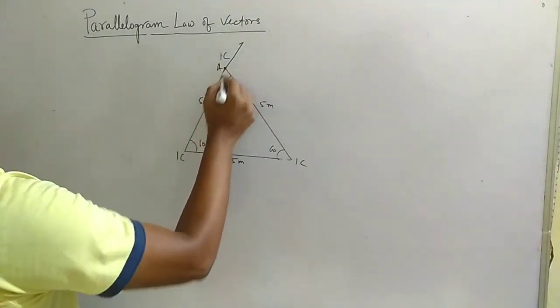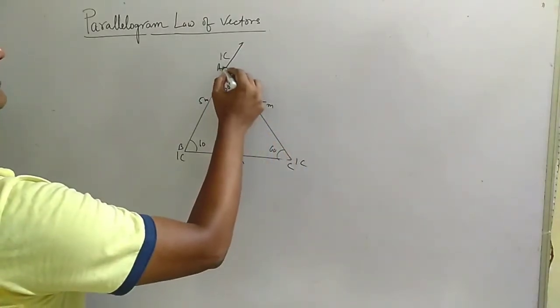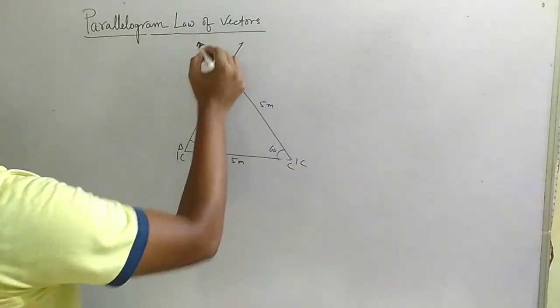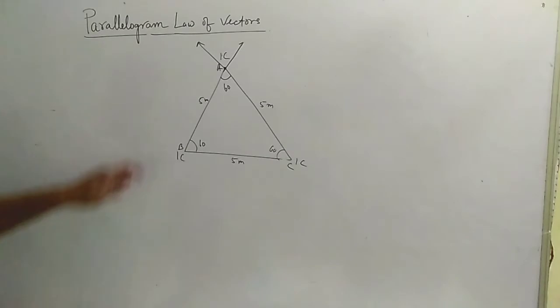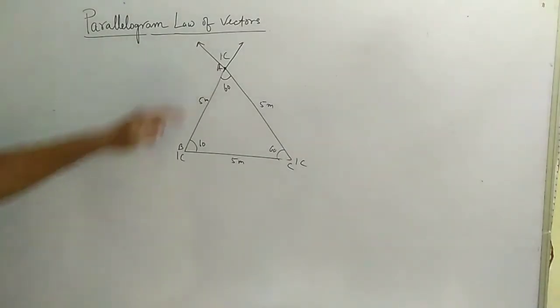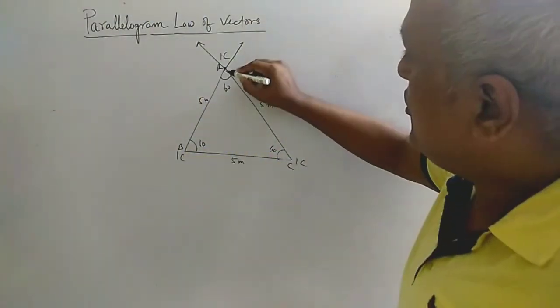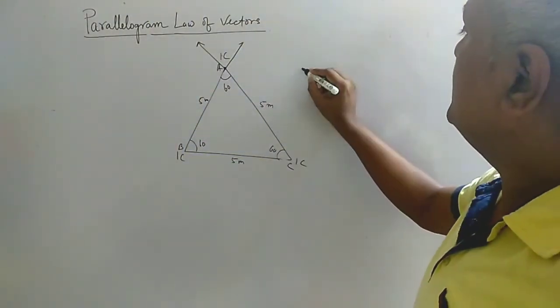So I name it as A, B, C, and this is another one that goes like this. That is the force on this due to this.